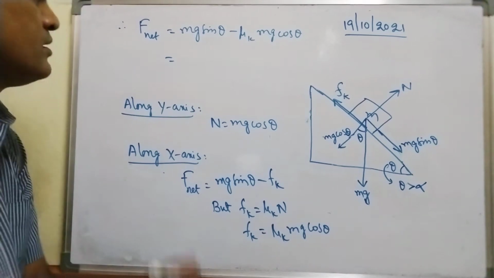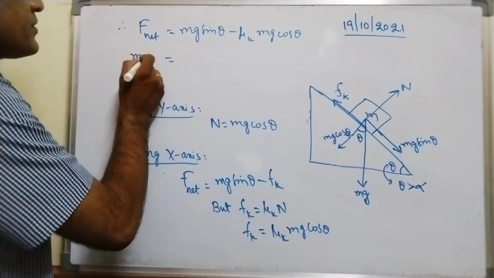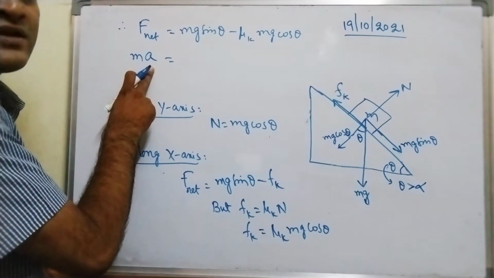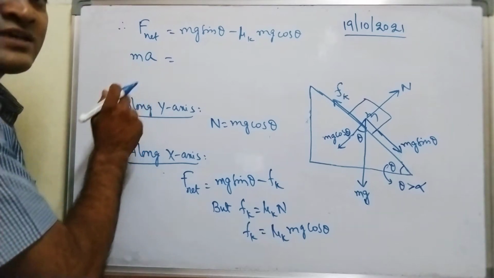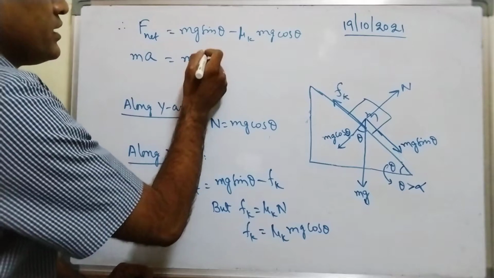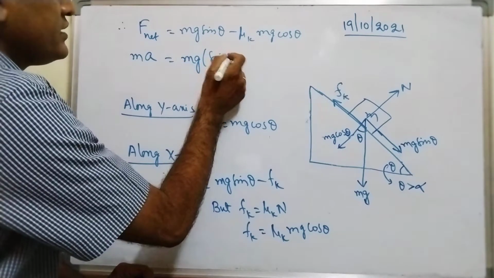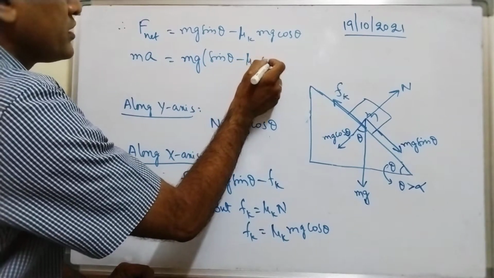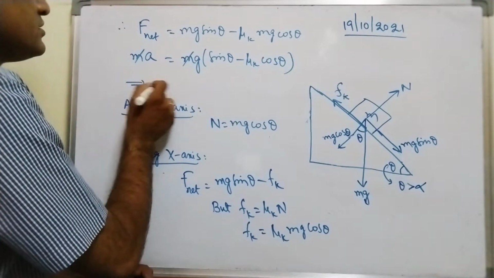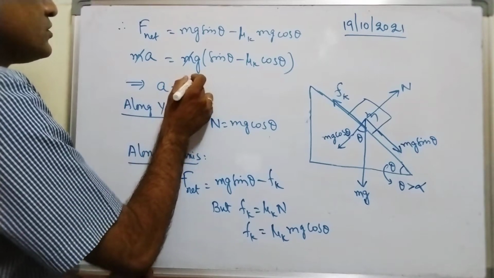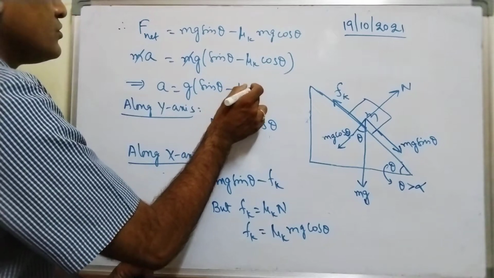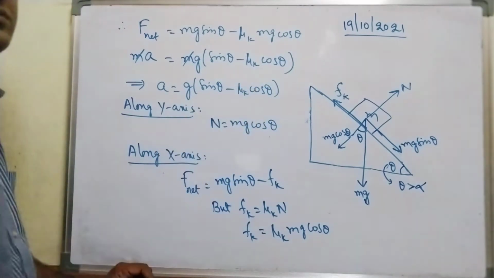So I can write force as ma. Here a is nothing but net acceleration. So ma is equal to mg into sin theta minus mu k cos theta. M gets cancelled. A is equal to g into sin theta minus mu k cos theta.